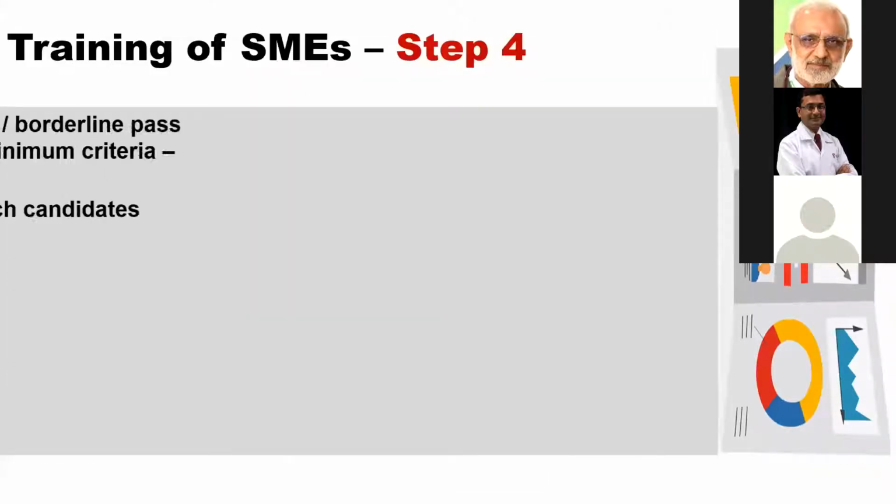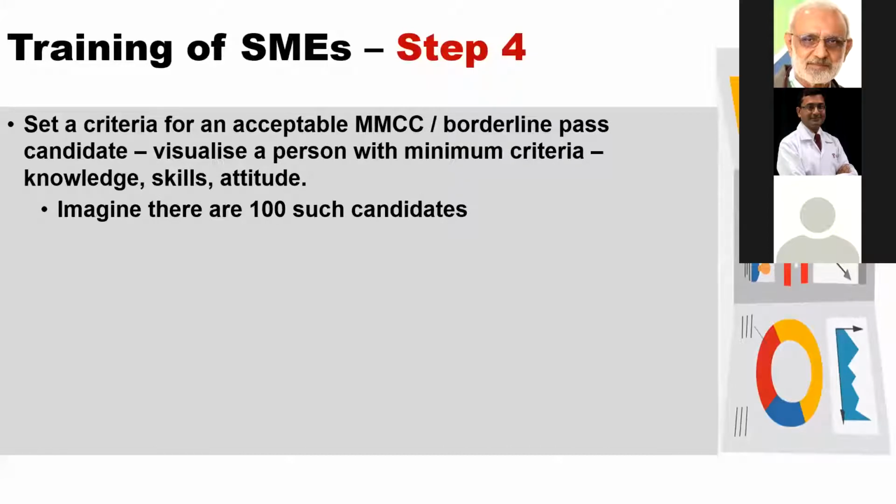The fourth step is to set a criteria for an acceptable MMC, a minimally competent candidate, which we just saw in the last slide. Then visualize a person with minimum criteria, knowledge, skills, and attitude.